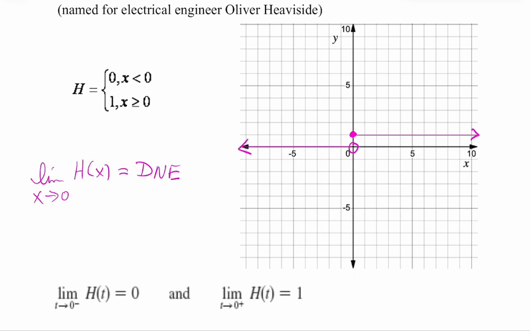So if you see that little negative notation, that means I am coming in from the left-hand side of 0. So here's an x value of 0. I am coming in from the left. And this means I am approaching an x value or t value of 0 from the right-hand side. So that would be this. Okay. So with the negative notation, you start from the left of that value and swoop in.